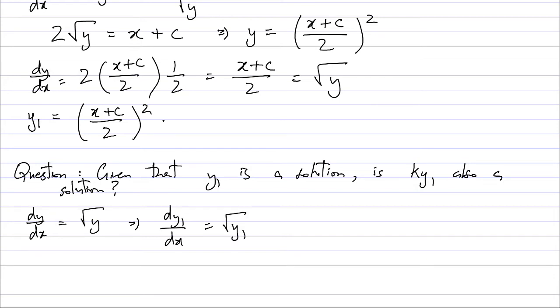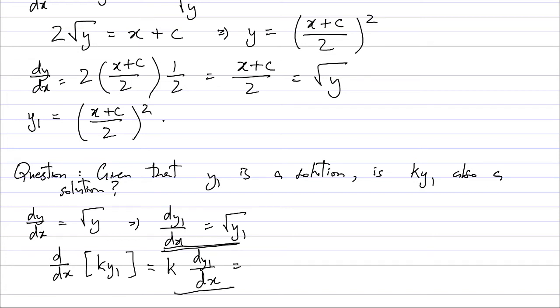Okay, then if instead of y1 I substitute k y1, then using the rules of differentiation, since k is an arbitrary constant, that goes outside, so I have this thing, right? Okay, and given that y1 is a solution of my differential equation, this differential equation dictates that this thing should be equal to k square root of y1.